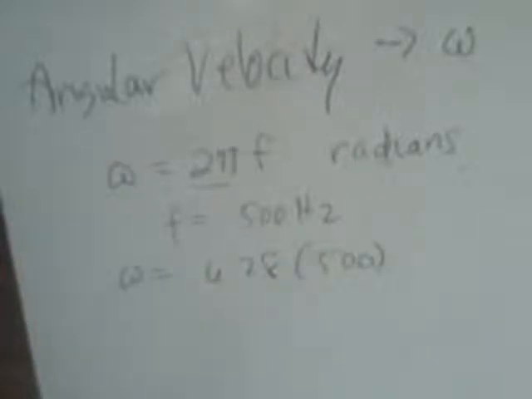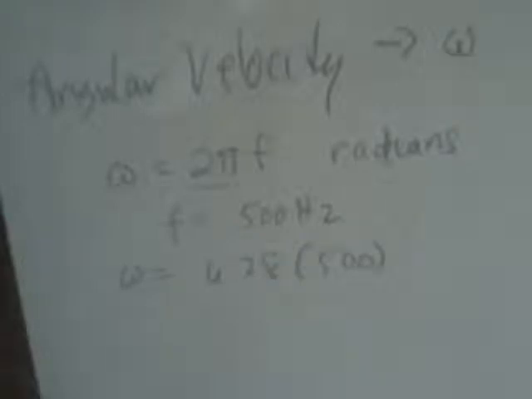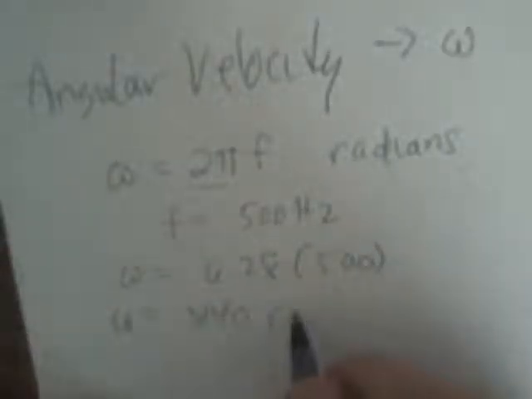And I just see these missed all the time on a test, and I'm thinking, why are we missing these? So maybe you're reading too much into it, which is possible. Or maybe there's just some confusion. So my angular velocity is 3,140 radians per second.